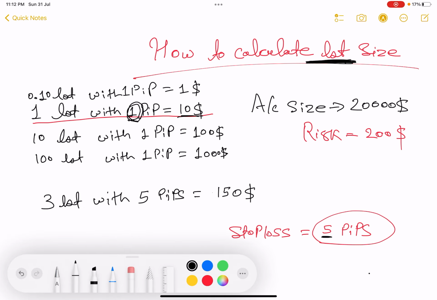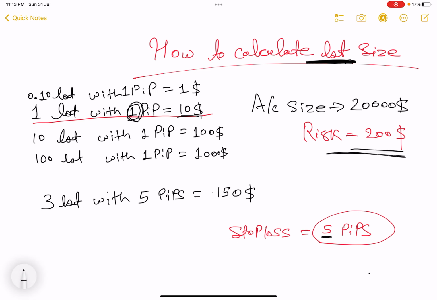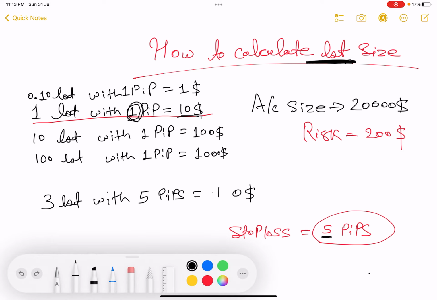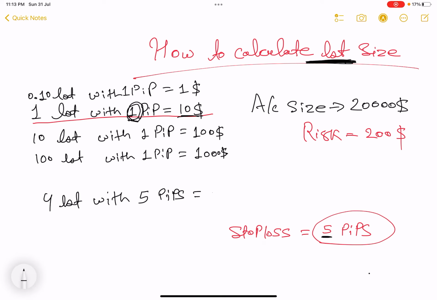So if I want to keep a $200 risk, I just have to keep lot size 4 lot with 5 pips equals $200.